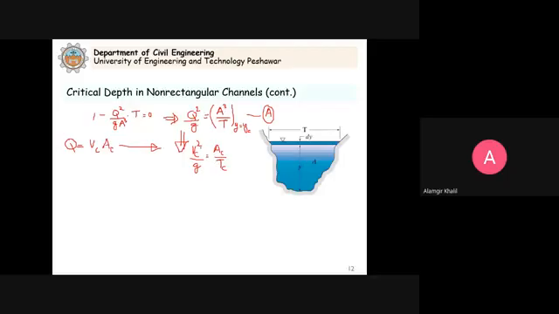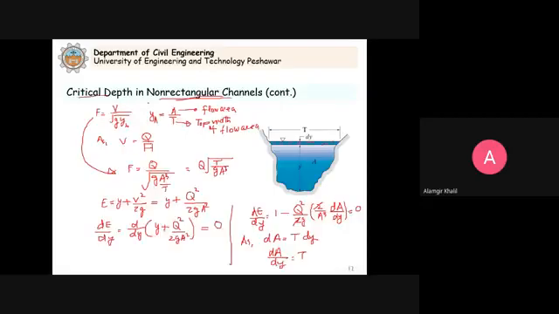Now you see here that this equation Vc is equal to square root of g into Ac divided by Tc. And what is this area divided by Tc?